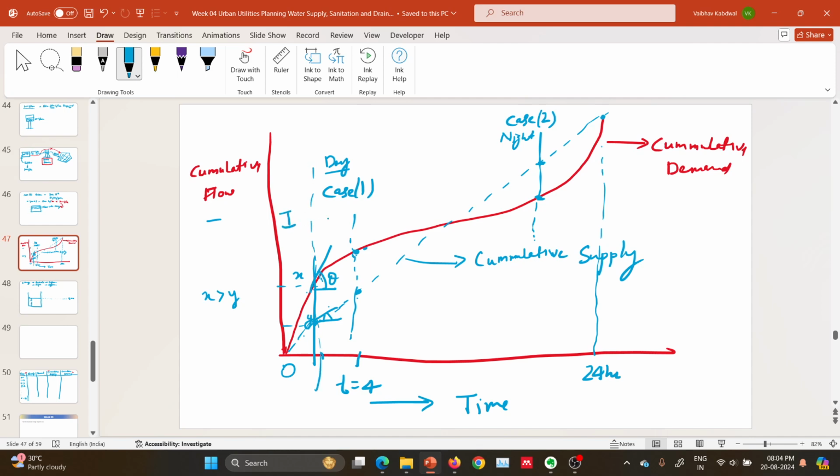this is phase 1, this is phase 2. The phase 2 is still here. In phase 2, the slope is less than this slope, theta 1, theta 2.